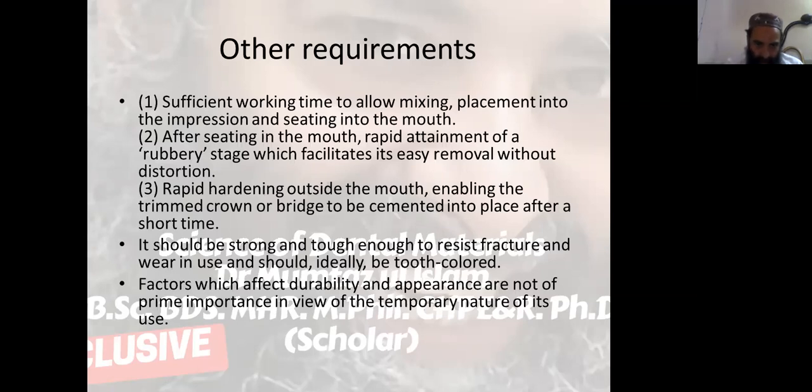It should be strong and tough enough to resist fracture and wear in use and should ideally be tooth colored. Factors which affect durability and appearance are not of prime importance in view of the temporary nature of its use.